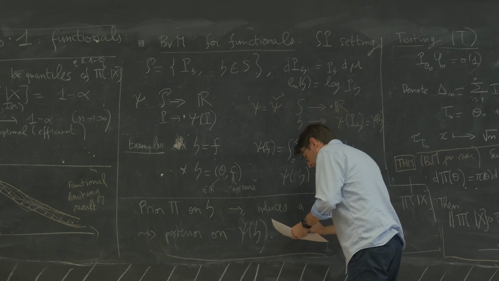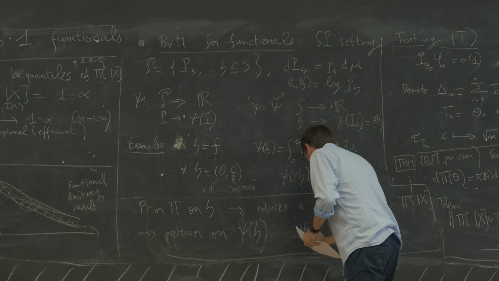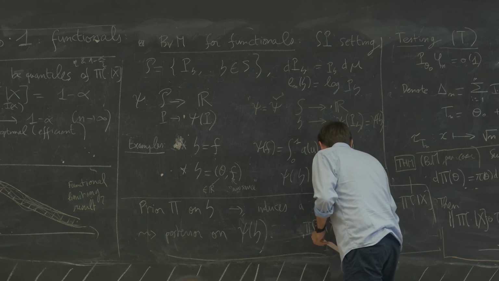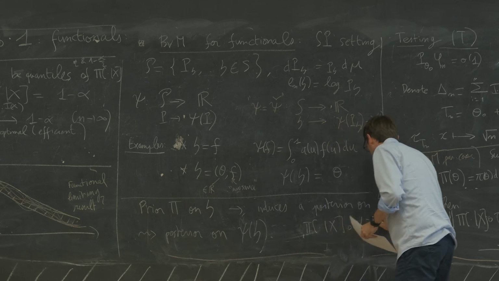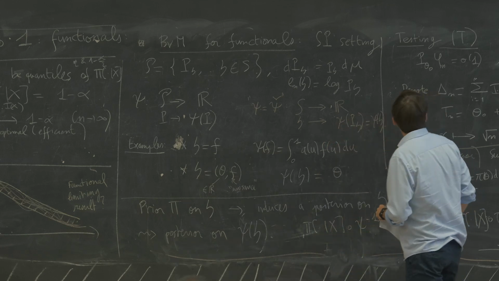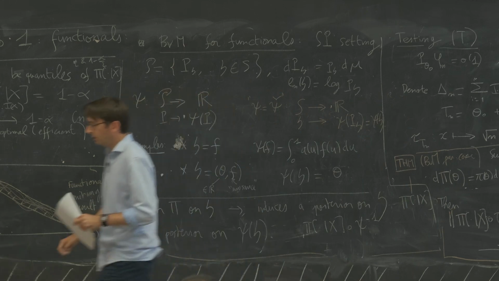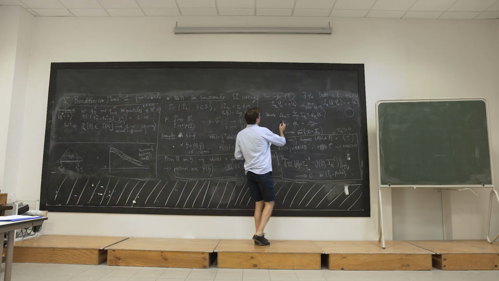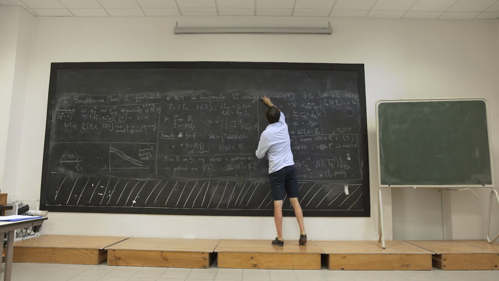That's the push forward under the map, which will be just pi dot given x composed with psi to the minus 1.